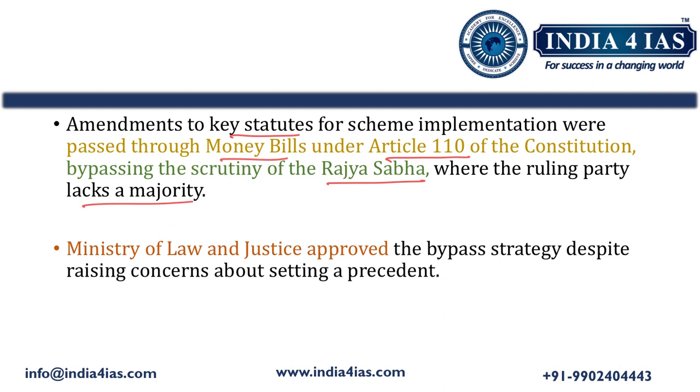The petitioners argued that the whole process of passing the electoral bond scheme via money bills is undemocratic, as it evades the scrutiny by Rajya Sabha, and it is also unconstitutional. The Ministry of Law and Justice also approved the bypass strategy despite concerns raised by opposition parties and legal experts.